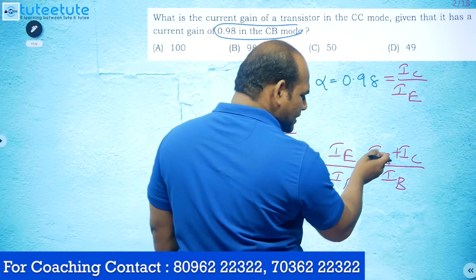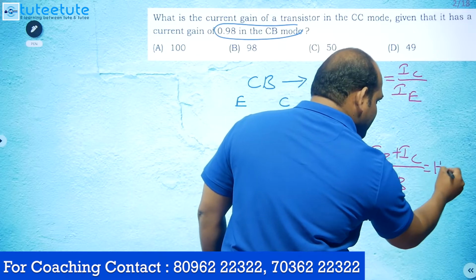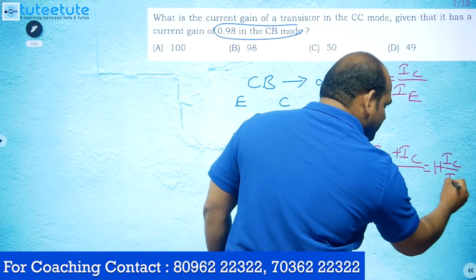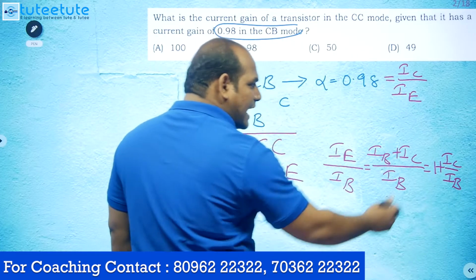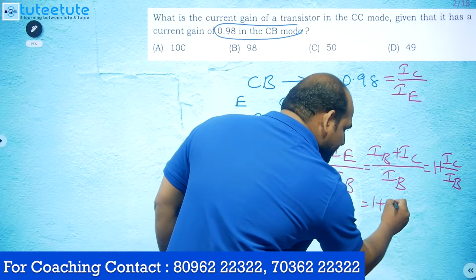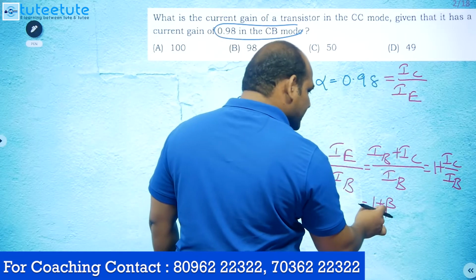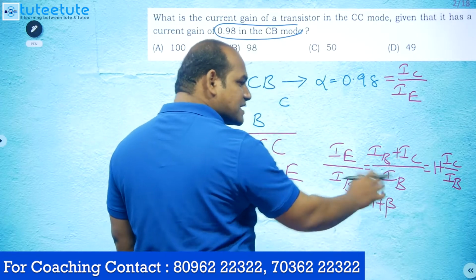So IB plus IC divided by IB gives 1 plus IC by IB, and we know that IC by IB is the current gain of CE configuration, that is beta, so we get 1 plus beta. They have given alpha, but what we need to calculate is 1 plus beta.